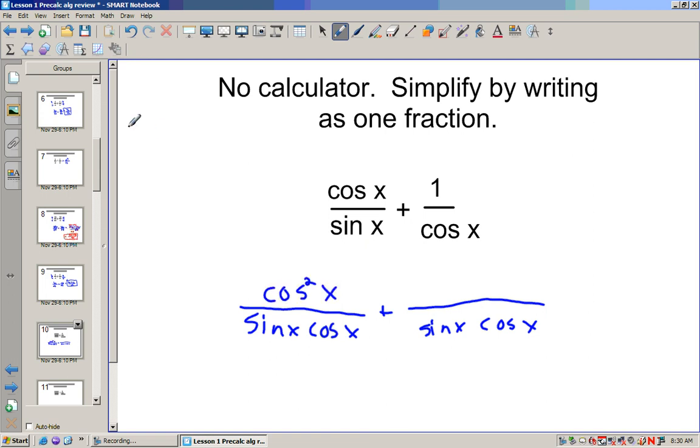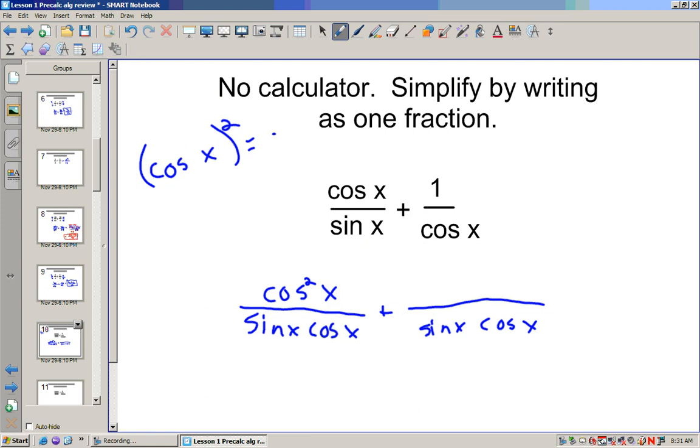Now, one thing we have to be careful of is where we write cosine squared. If cosine times cosine is cosine squared, we can't put that squared just on this x. Or if we put it on the x at all, it makes it a completely different problem. That means you're squaring the angle.